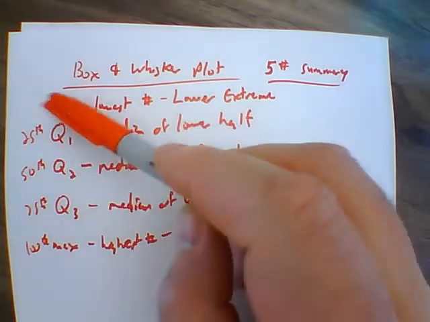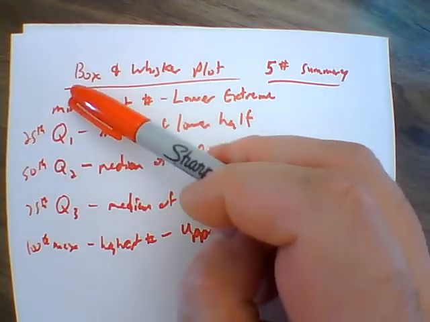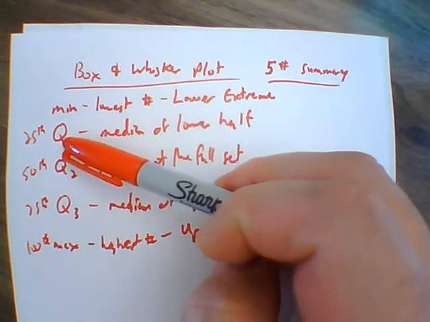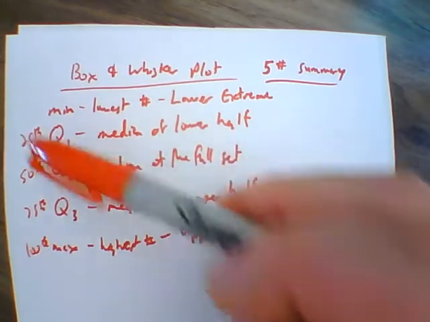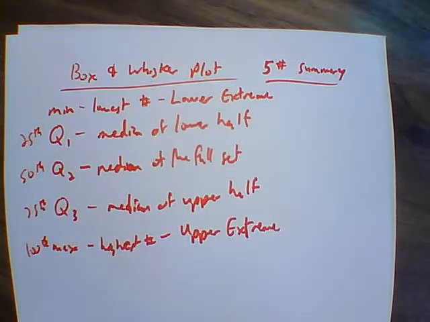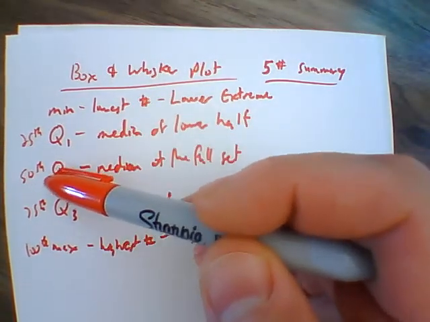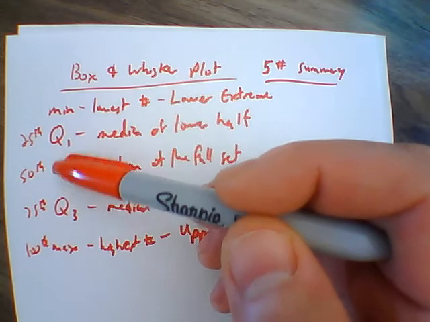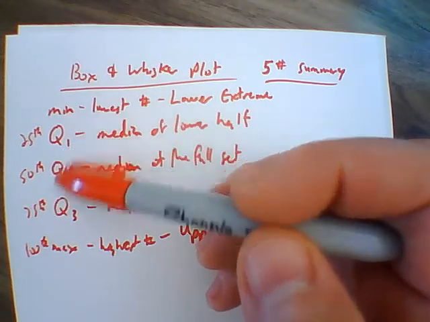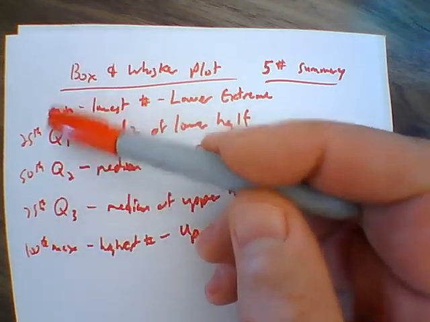That minimum is the smallest number. There's nothing below it. If we go to that first quartile, that means we would have 25% below this number right here. On that median, that means that this number is at the 50th percentile. 50% of our data is below, 50% is above, so it kind of breaks it up.